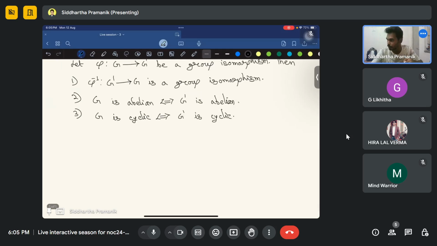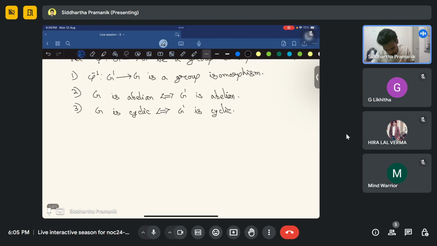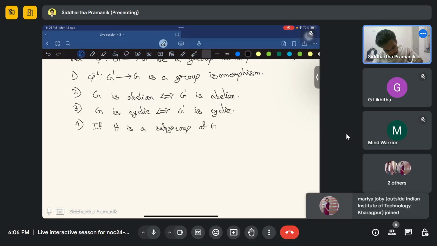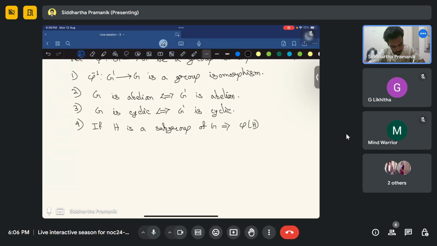And next one is: if H is a subgroup of G, then the image of H, which is phi of H, is also a subgroup of G prime.